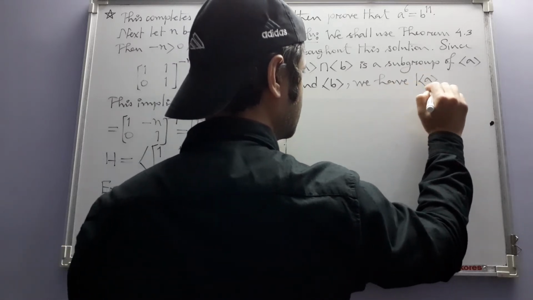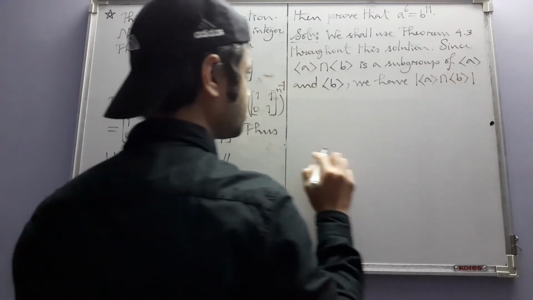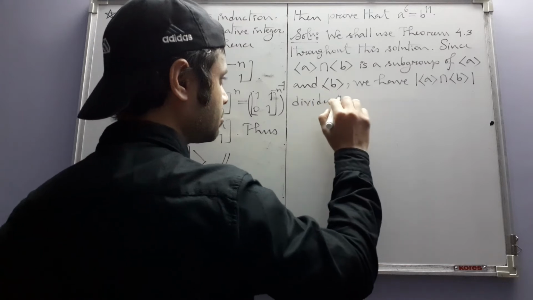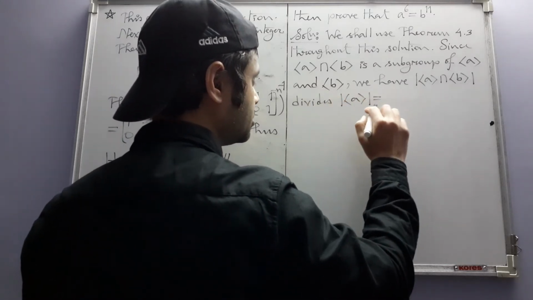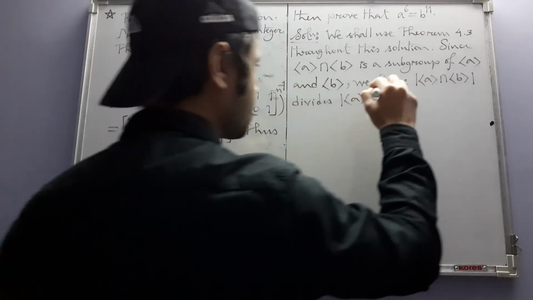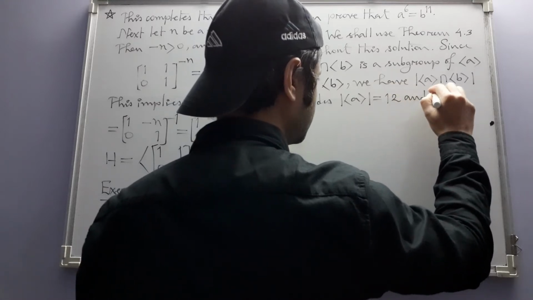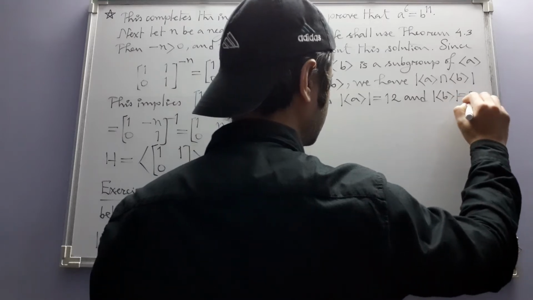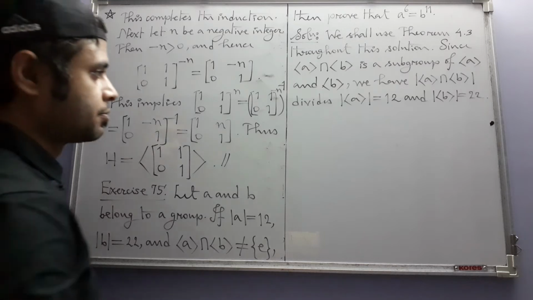The order of this intersection divides this order, which is 12, and also the order of the other subgroup, which is 22.